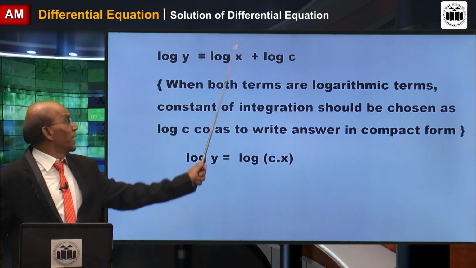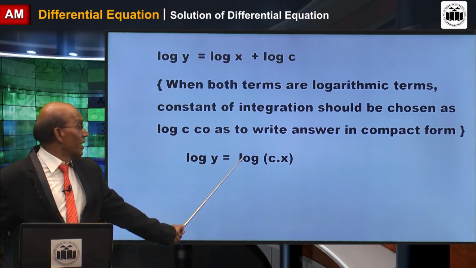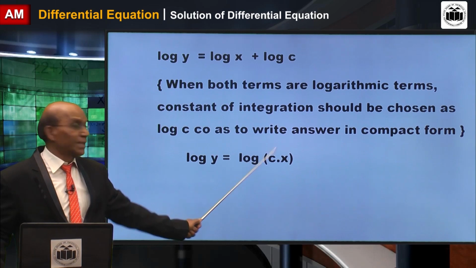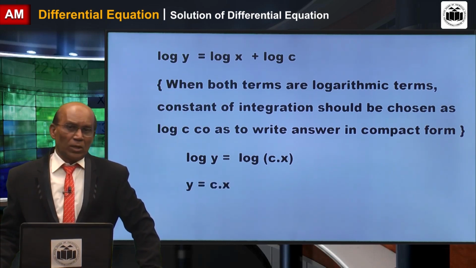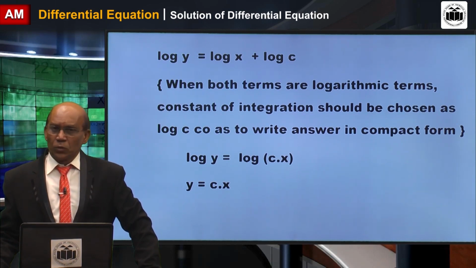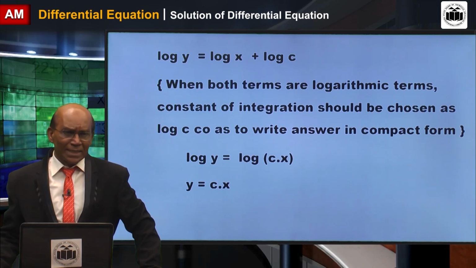Now we can apply one of the laws of logarithm, log m plus log n equals log mn, so log x plus log c is log cx. Therefore, on both sides log gets cancelled, so the answer is y equals cx. Can anybody guess that answer?